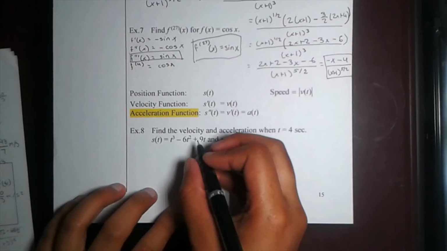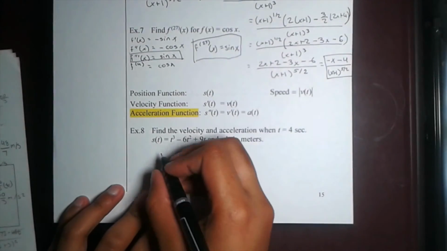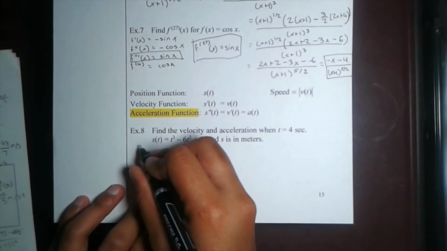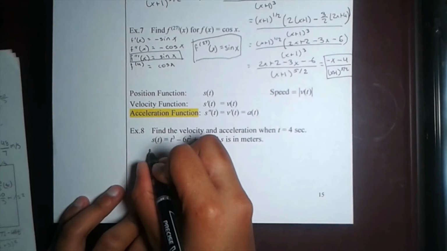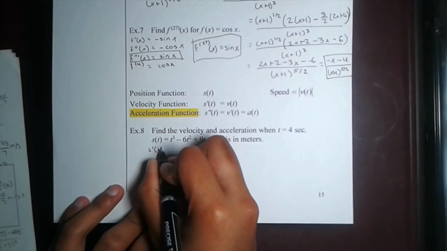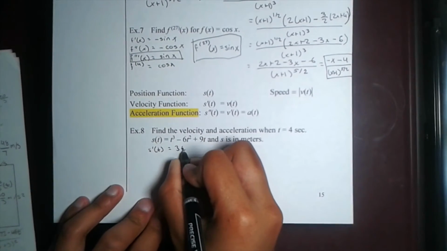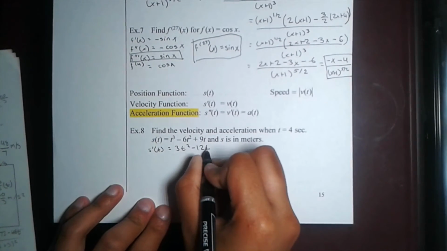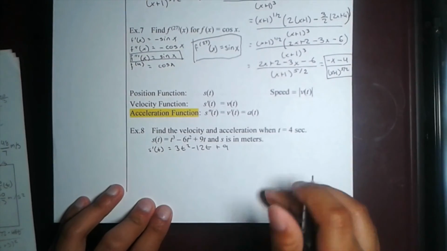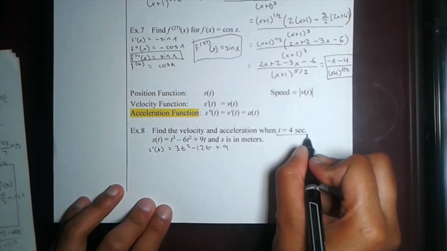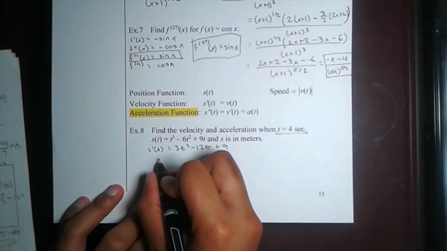If we were finding the velocity first, let's derive the position function. So s prime of t equals 3t squared minus 12t plus 9. And it wants us to find it at t equals 4, so we plug in 4.